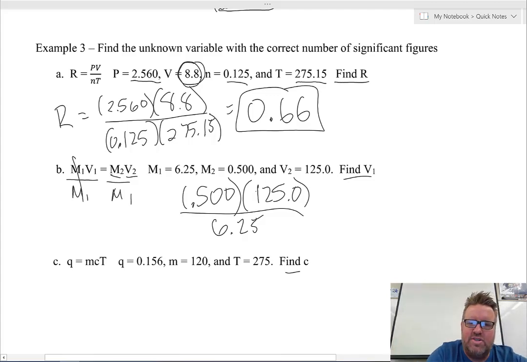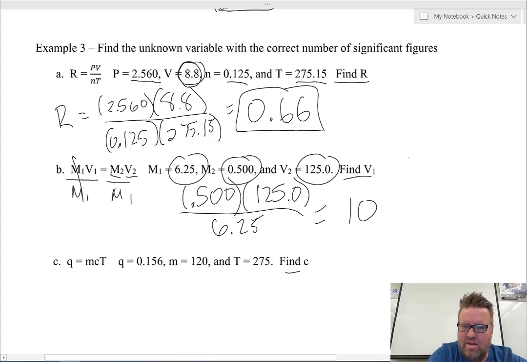Okay, so if the answer is exactly 10, now again, I need to look for 3 significant figures in my answer. So if my answer is 10, if I leave it like that, that only has 1. If I put a decimal point at the end, now it has 2. I need it to have 3 though.